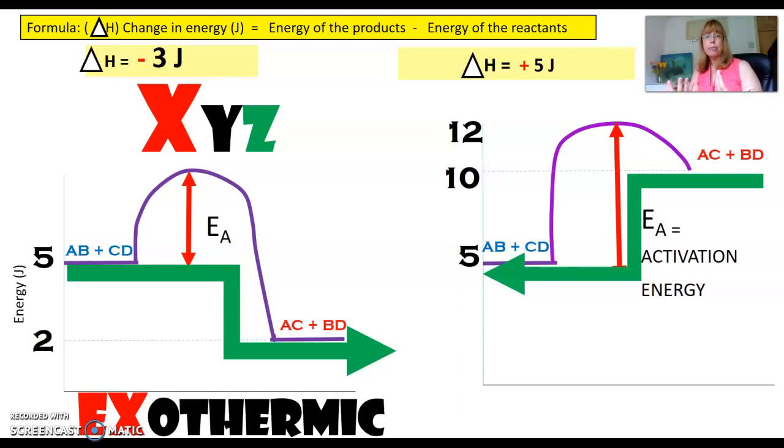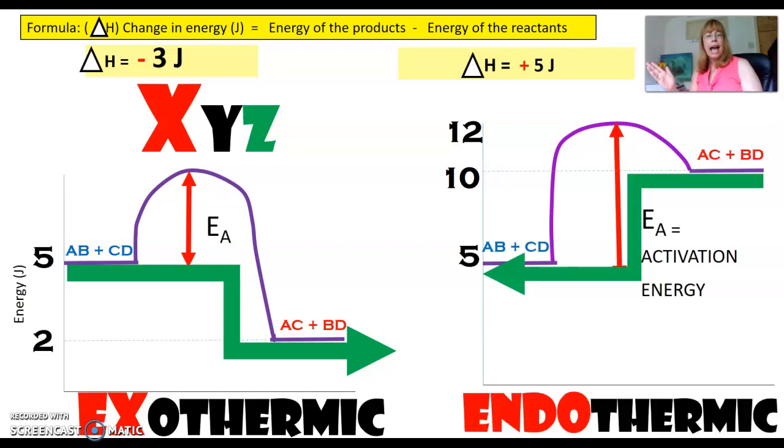And the way that I remember it, because my memory is terrible, is I always remember X in exothermic, X, Y, Z. The exothermic graph is linked to the Z shape. And if we look at the endothermic reaction, it gives us an S shape. So that's a very easy way of identifying whether the graph is in fact exothermic or endothermic.